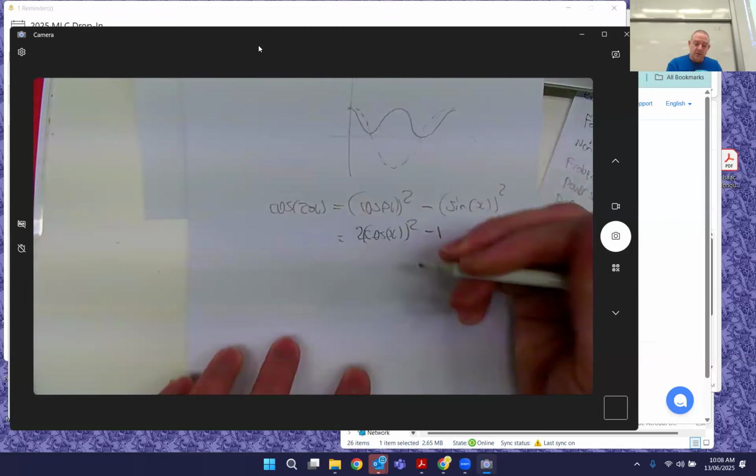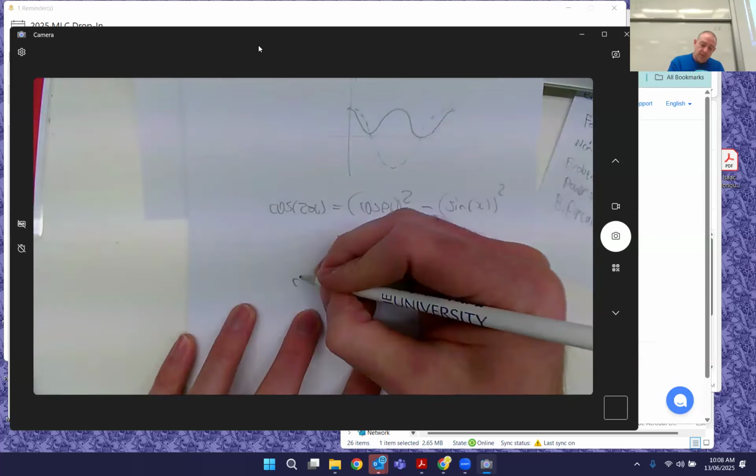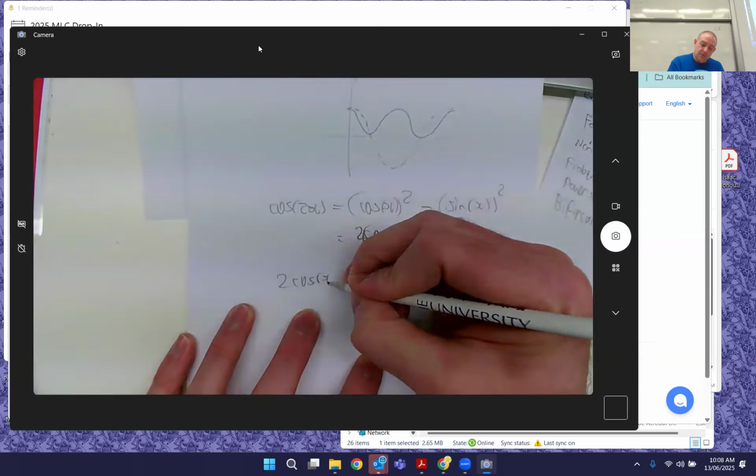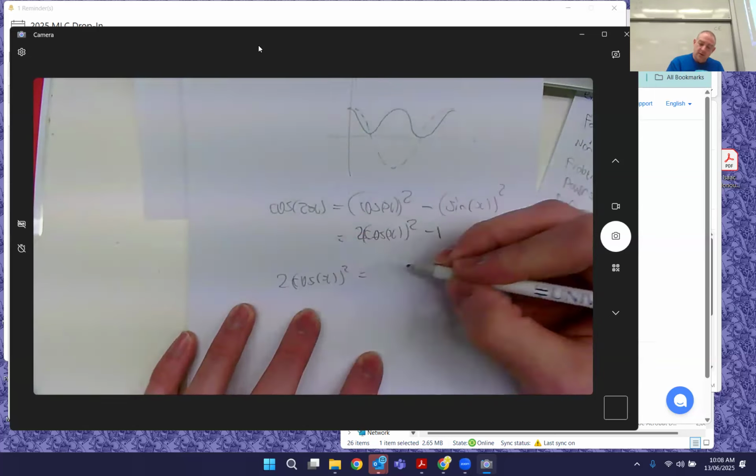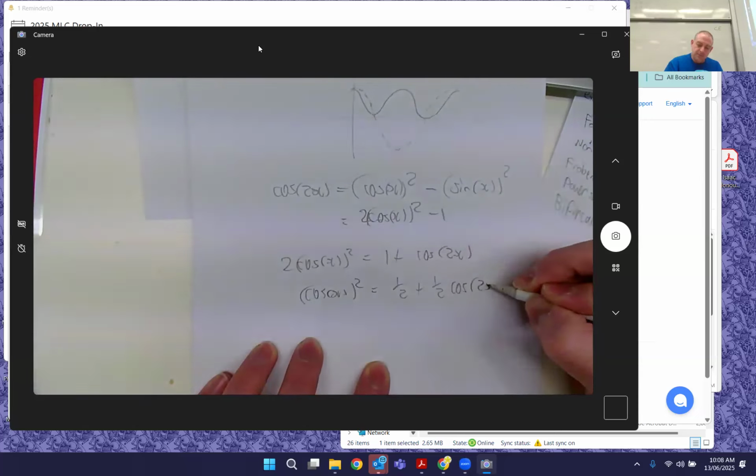And so what that means is that two lots of cos x squared is 1 plus cos of 2x. And so cos x squared is a half plus a half of cos 2x.